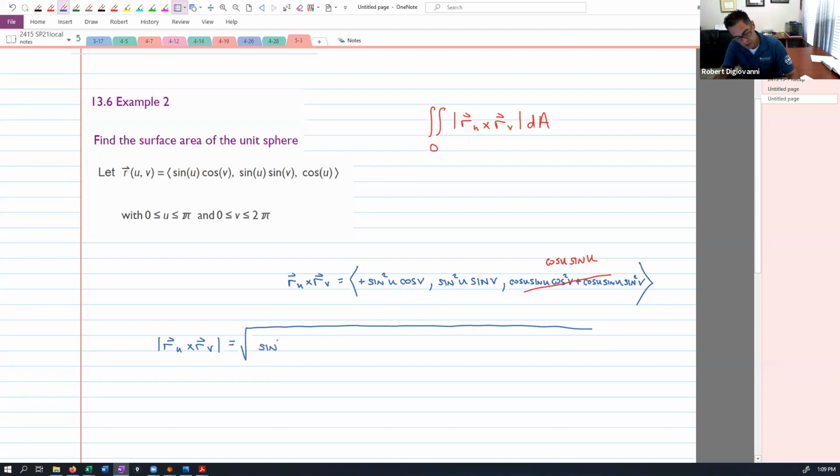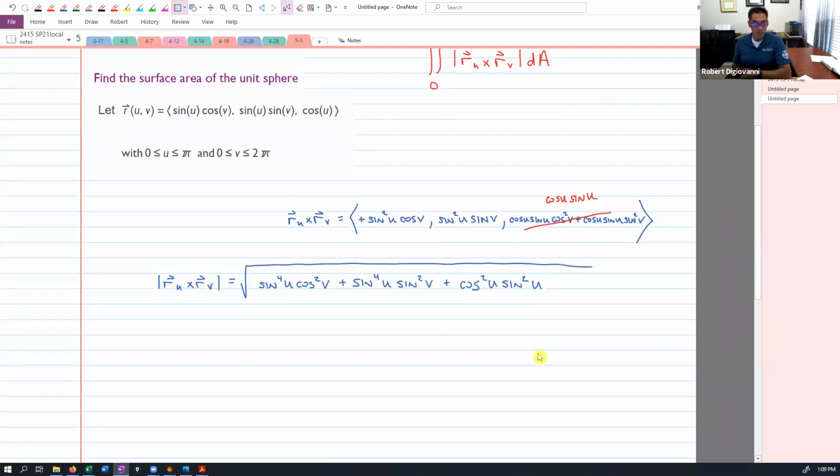This becomes sine to the fourth u cosine squared v plus sine to the fourth u sine squared v plus, now all of this simplified to be this, so it's just going to be cosine squared u sine squared u. All right, that's the magnitude of the cross product of the partials.